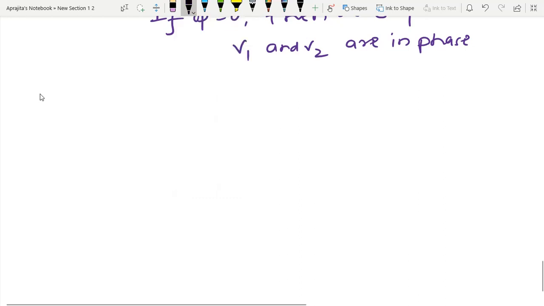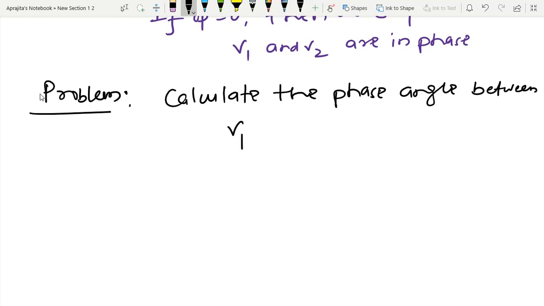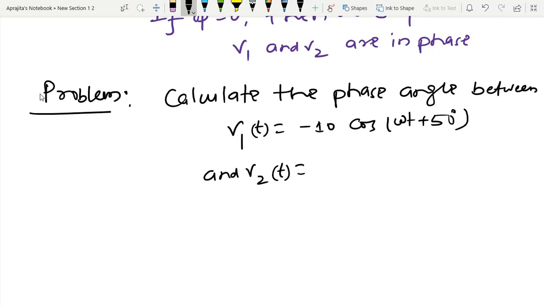The problem is: calculate the phase angle between two sinusoidal voltage signals, V1(t) = minus 10 cos(omega t plus 50 degree) and V2(t) = 12 sin(omega t minus 10 degree).